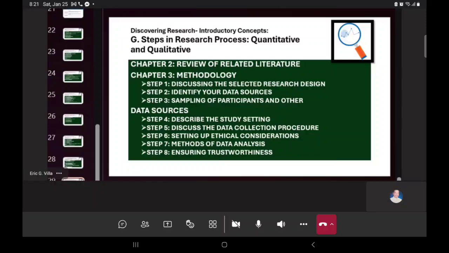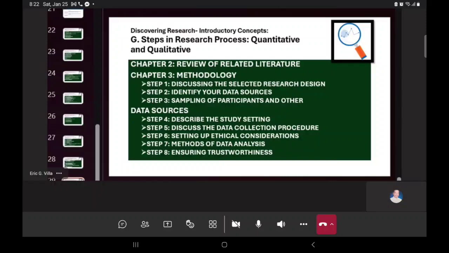Listen to this because we have different chapters for qualitative, a number of chapters. When speaking of literature review in qualitative research, there is the process wherein we synthesize the theoretical literature review.